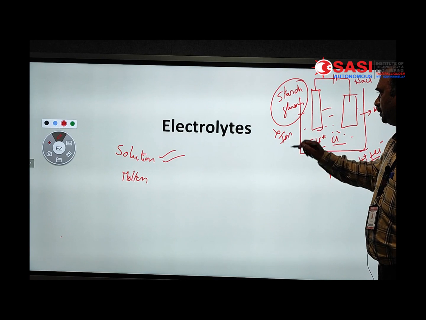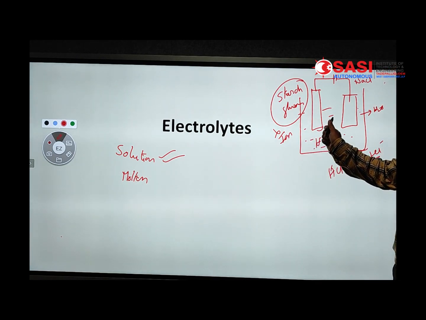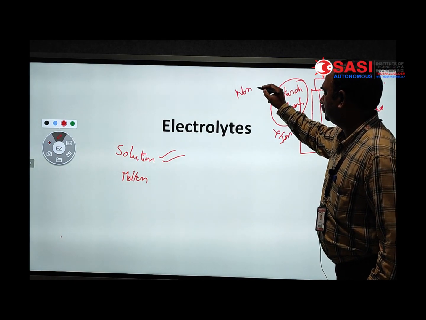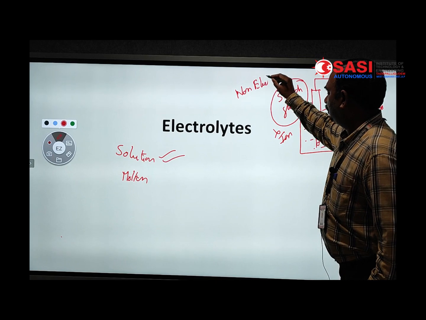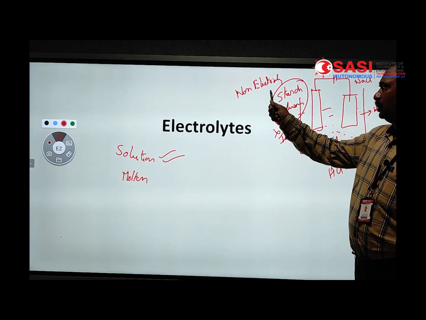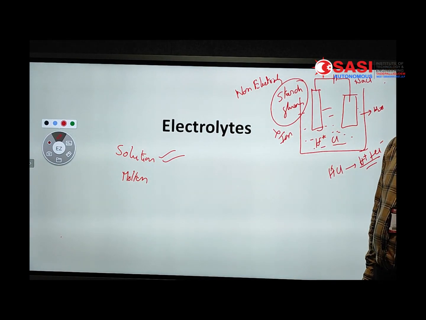If there are no ions, there are no charge carriers, so there will be no conductance. So these are called non-electrolytes, means the substances which do not conduct electricity are called non-electrolytes.